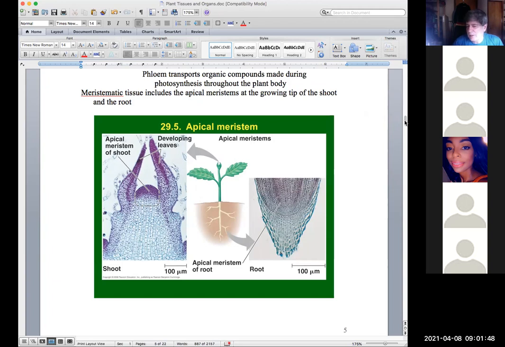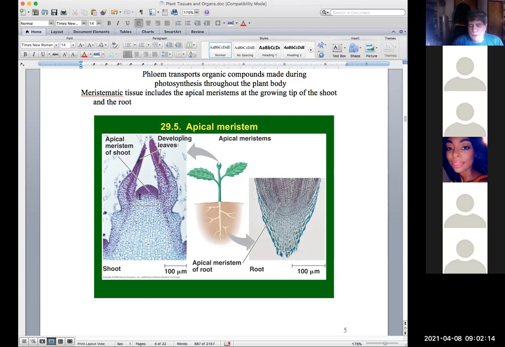Because the parent cell grew before it divided. But in the apical meristems of plants, what we see is the cells are dividing so quickly, they don't have time to grow between mitotic divisions.